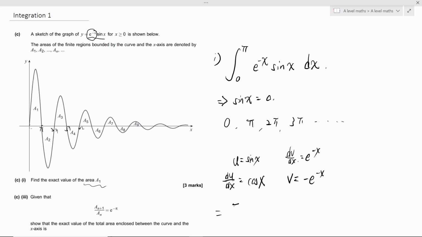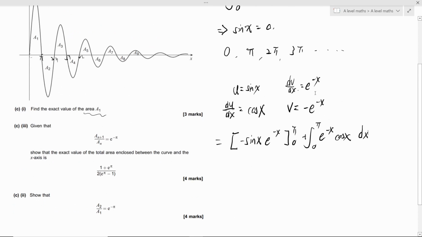The integration by parts would read off as uv, which is minus sine x e to the minus x between pi and 0, and then minus the integral of v times du/dx. Because we have a minus here, we can just take it as positive: the integral between pi and 0 of e to the minus x cos x dx.